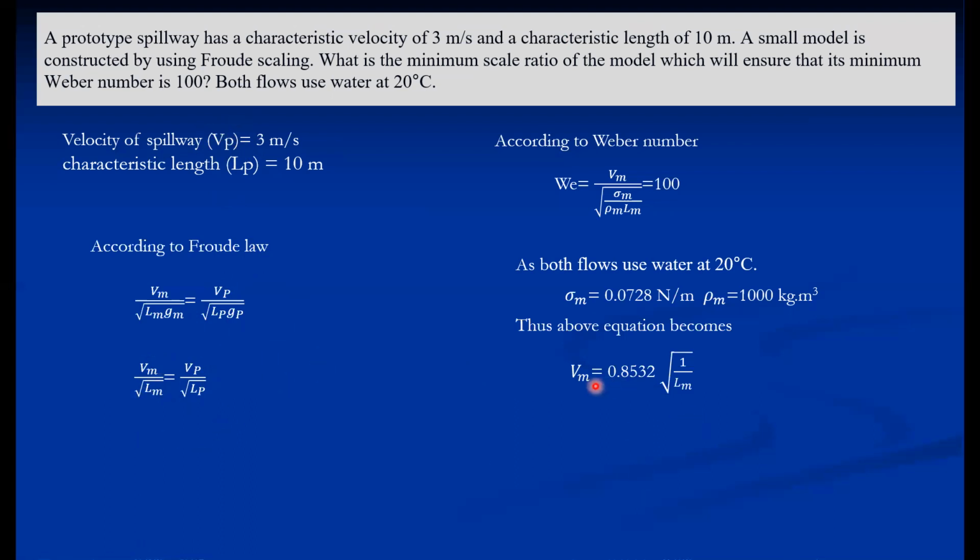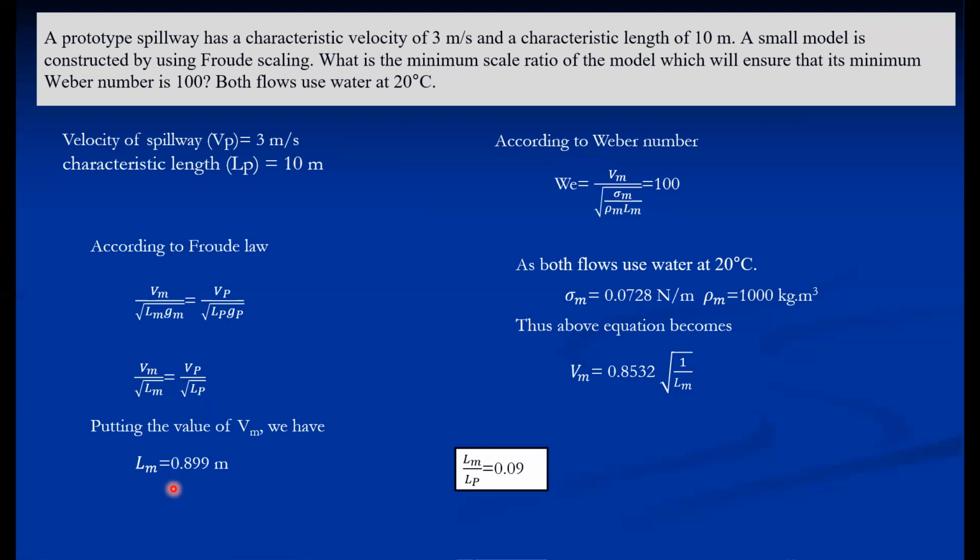If we substitute this in the equation, the only unknown becomes Lm. So Lm comes around 0.899 meter, or Lm by Lp, that ratio, that is the scale ratio, is 0.09. This way we can solve the problem.